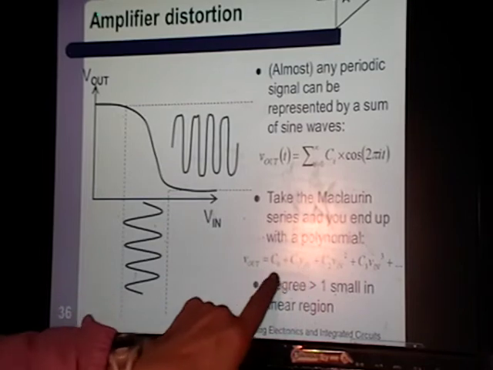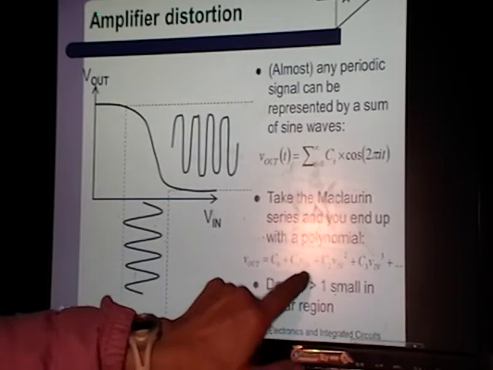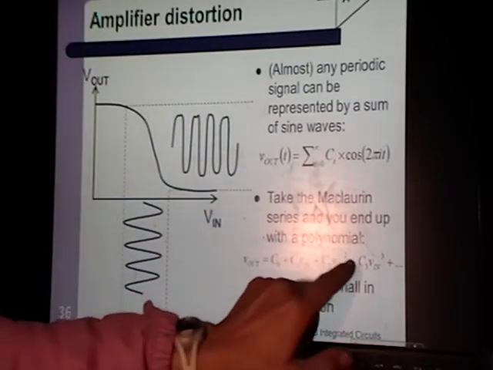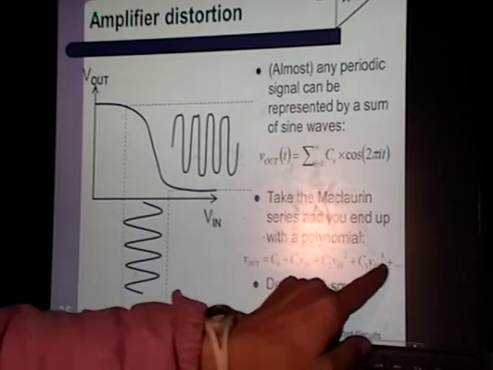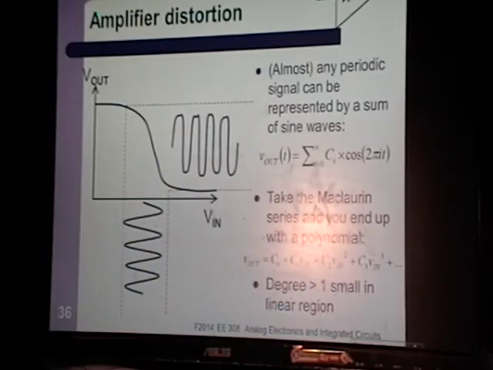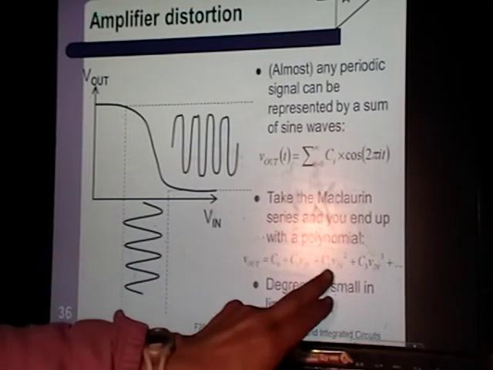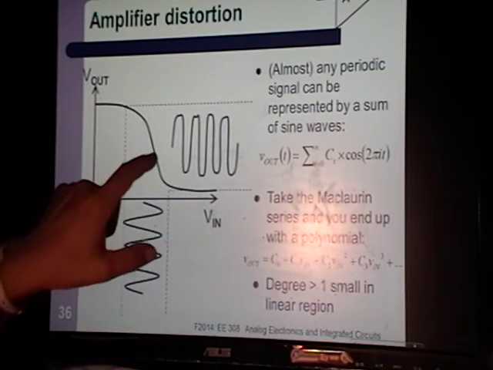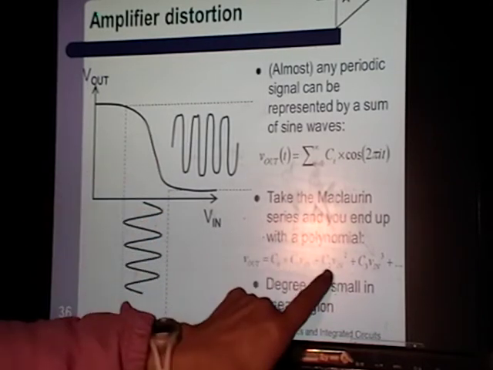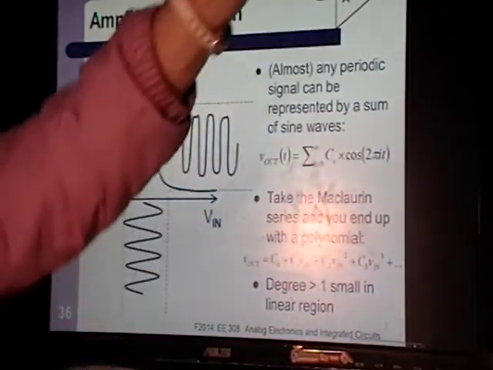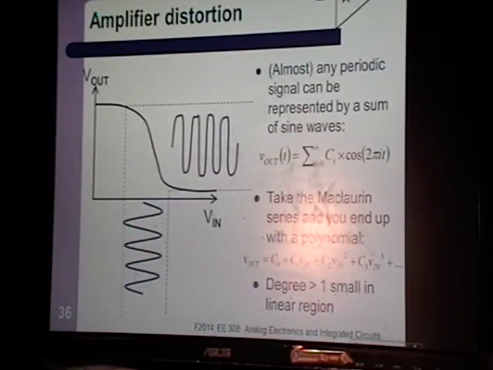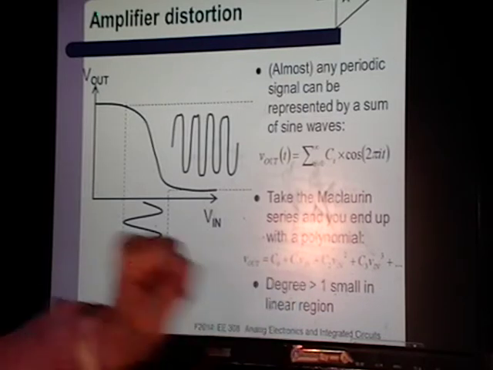So up to here, this just describes the linear part of the line, and then these terms out here start to describe the curvy part of the line. If you are in a really linear region like this right here, turns out C2, C3, C4, all the way out to C infinity, those are very small. These are the dominating terms right here.